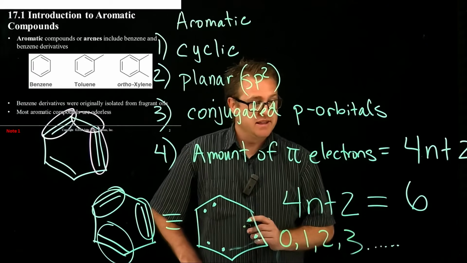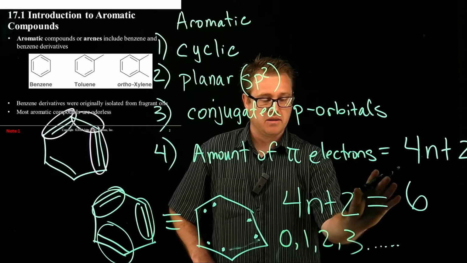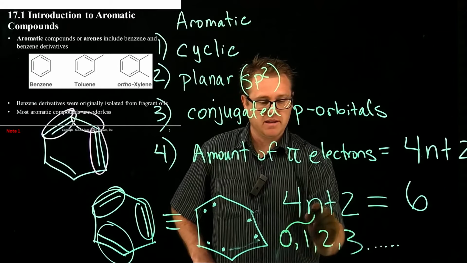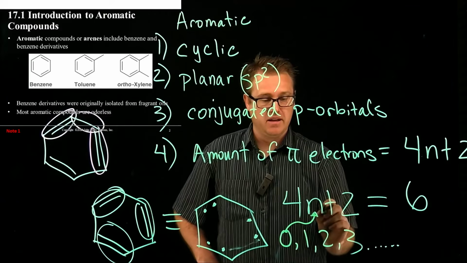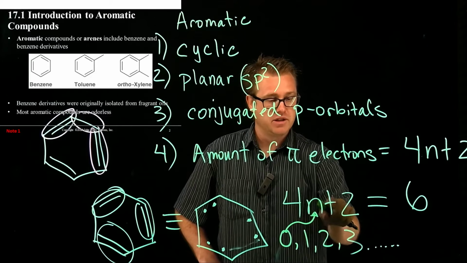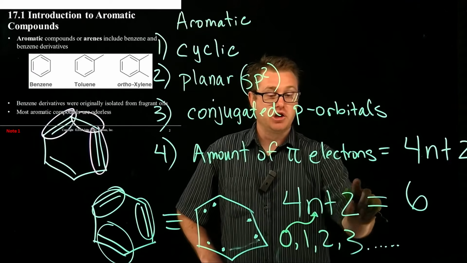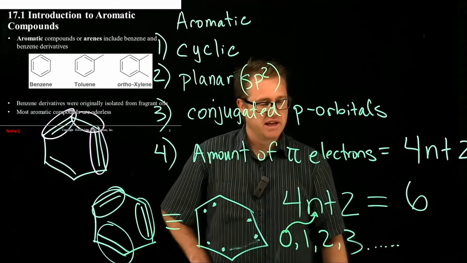Let's see which whole number can make this statement true. So if I plug in 0, what do I get on the left side? 4 times 0 is 0, plus 2 is 2. Does 2 equal 6? No, that's not a true statement.